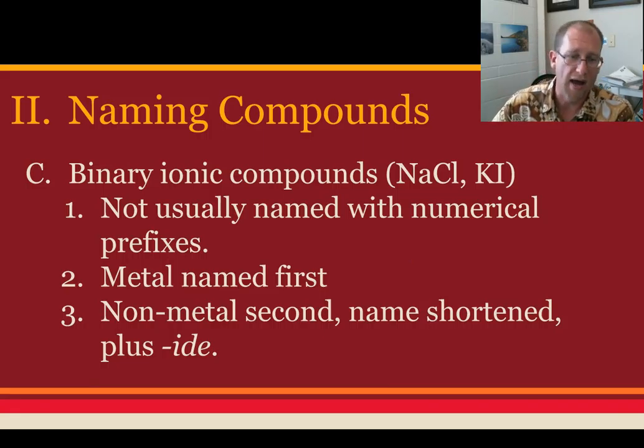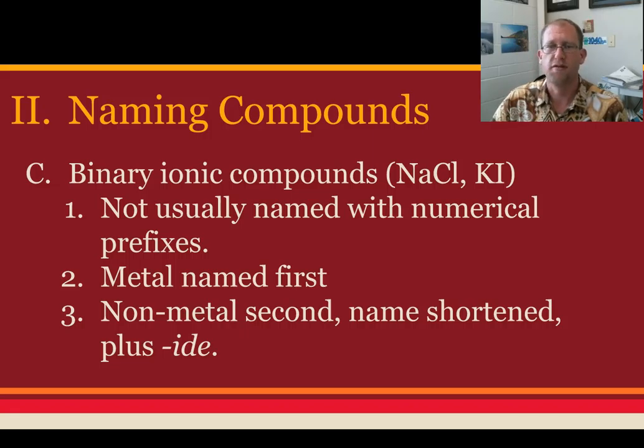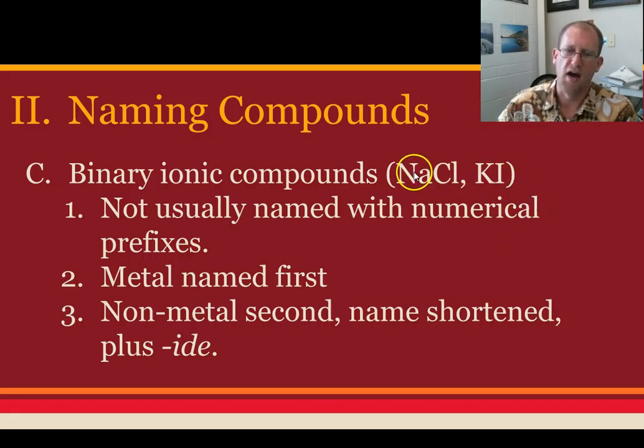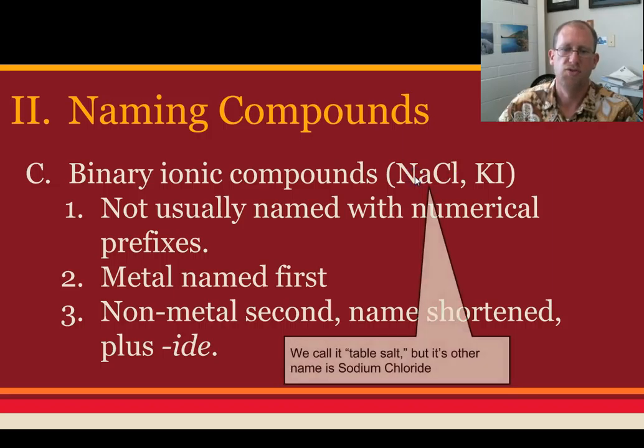Binary ionics, very similar. We still say "ide," we still name the metal first, and then we truncate the second one and stick "ide" on as the suffix, but we don't use Greek prefixes. So this is not monosodium monochloride. This is just sodium chloride, right? Sodium chlorine, sodium chloride.